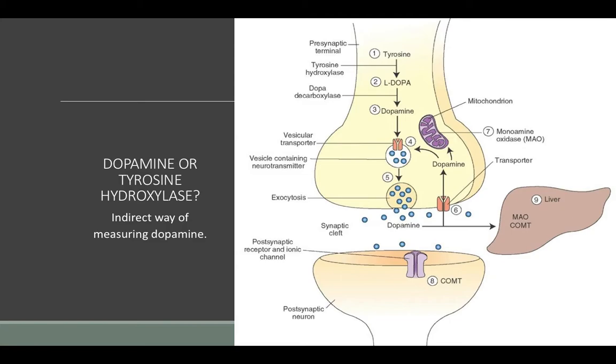We actually looked at tyrosine hydroxylase, here in the green circle, and it is the rate-limiting enzyme in dopamine production. So it is an indirect way of measuring dopamine. But the reason why we wanted to measure tyrosine hydroxylase is because it is more stable over a longer period of time than dopamine is. Dopamine degrades pretty rapidly, and tyrosine hydroxylase does not degrade nearly as quickly as dopamine. So we turn to tyrosine hydroxylase, but I will be saying dopamine just for the ease of syllables through my presentation.